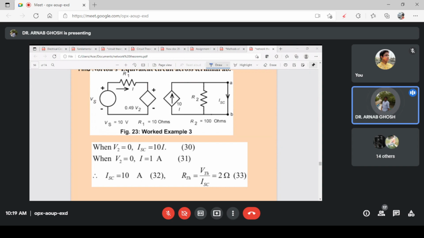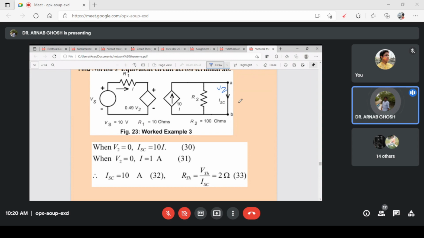Okay, so when we have made this equivalent circuit, when V2 is equal to 0, what was V2? V2 was the open circuit voltage, the voltage across terminals A and B. When V2 is equal to 0, that is the short circuit condition.